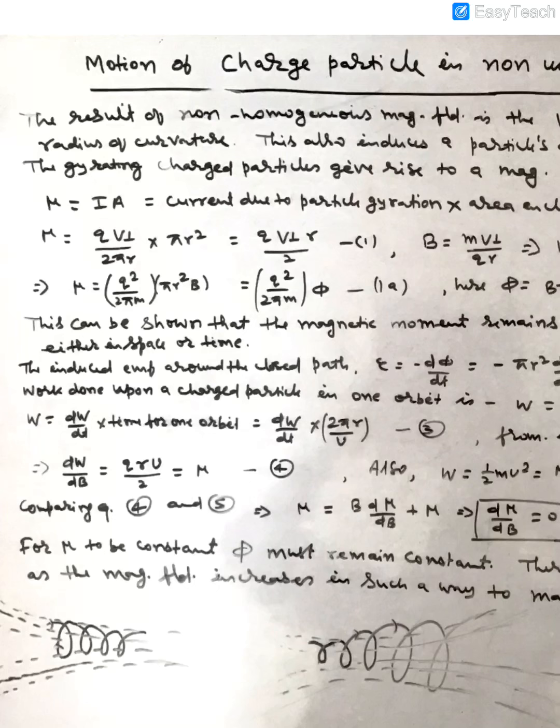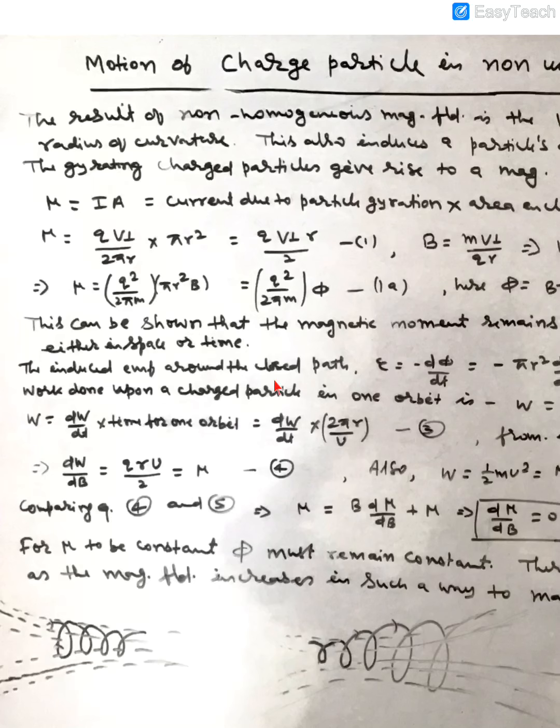For this magnetic moment mu to be constant, the magnetic flux phi must remain constant, because we have already shown in equation 1a that mu is directly proportional to phi. Therefore, the particle orbit is compressed as the magnetic field increases, in such a way as to maintain the magnetic flux phi constant.